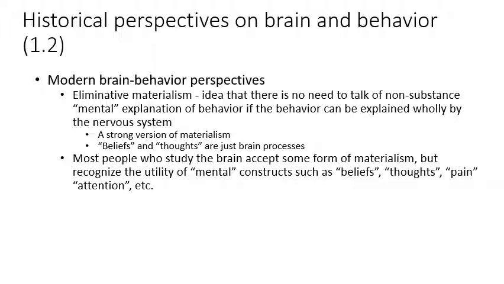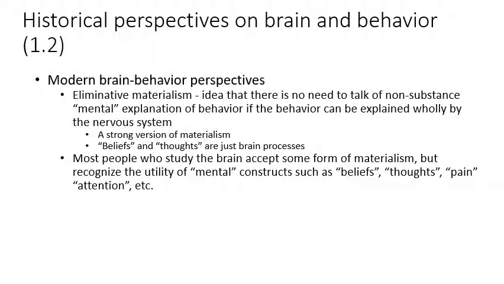More about the modern brain and behavior perspectives, there's eliminative materialism, which is the idea that there's no need to talk of non-substance mental explanations of behavior if the behavior can be explained wholly by the nervous system. So it's a strong version of materialism.